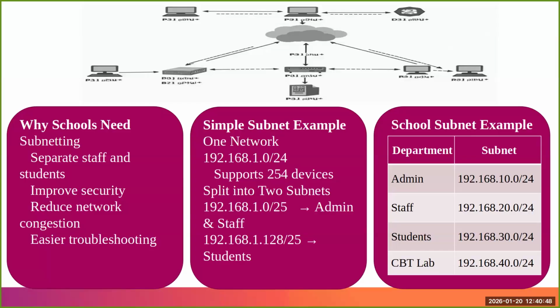For staff, you can also have 192.168.20.1, .20.2, .20.3, .20.4, .20.255. For students, you can have .30.1, .30.2, .30.3, .30.4, .30.255. Then CBT lab, .40.1, .40.2, .40.3, .40.4, .40.255.